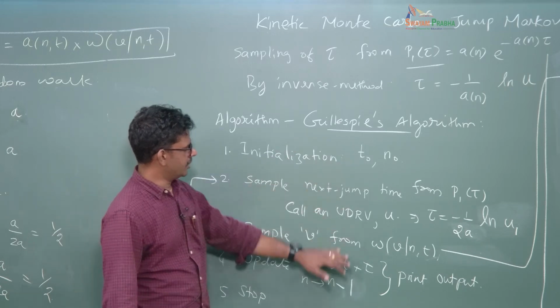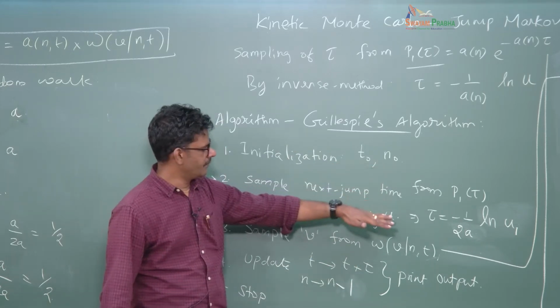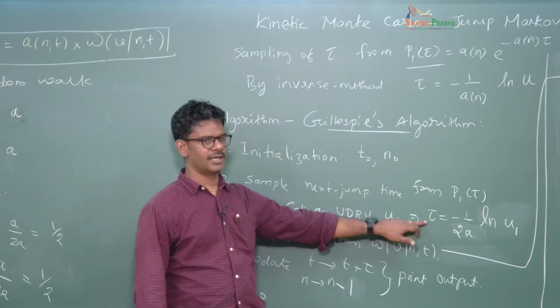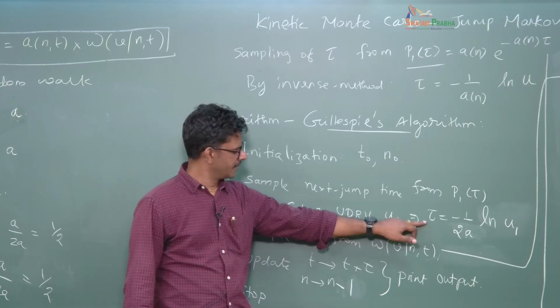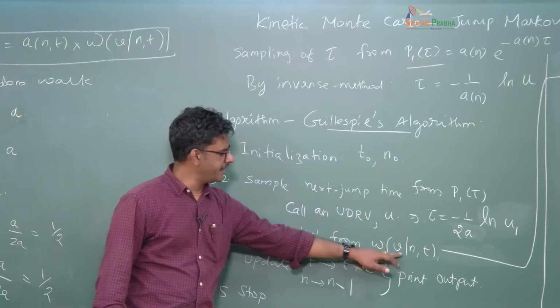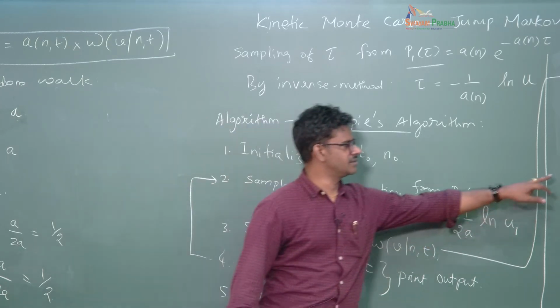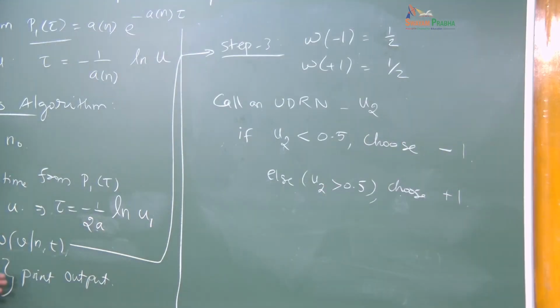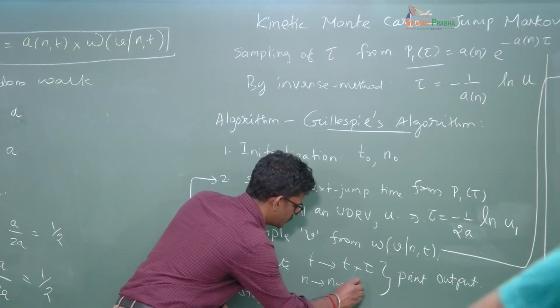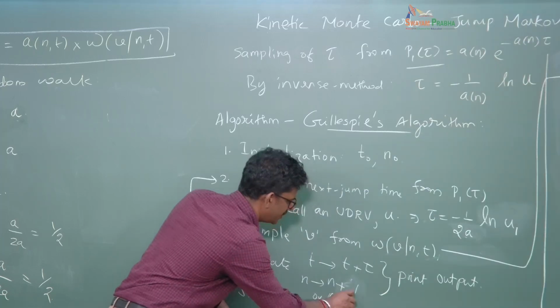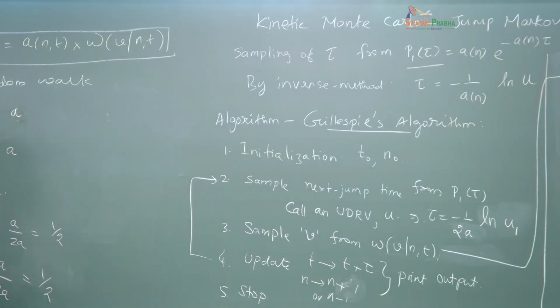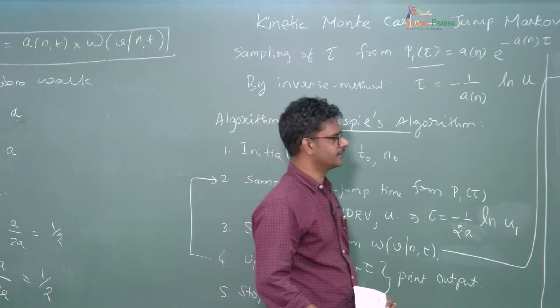So, in this particular algorithm, what you would do is initialize, you know the constant, get the next jump time. After choosing time, you find which nu is going to happen, it is plus 1 or minus 1, based on this algorithm. Okay, and then you are going to update the chosen plus 1 or again minus 1, depending upon what the choice of nu is, and then you are going to update this over and over.